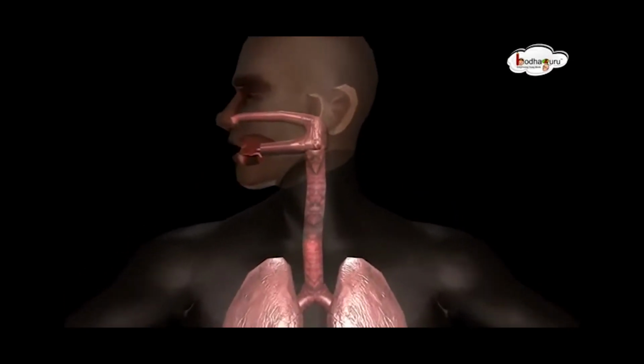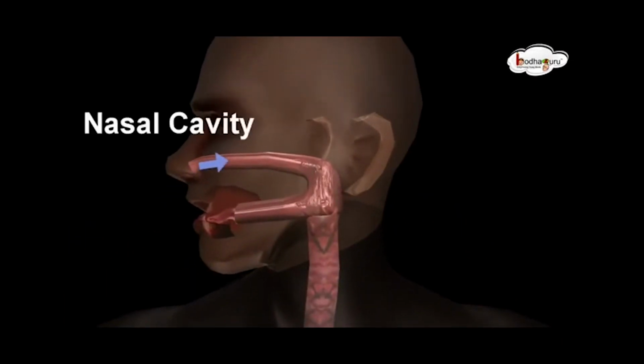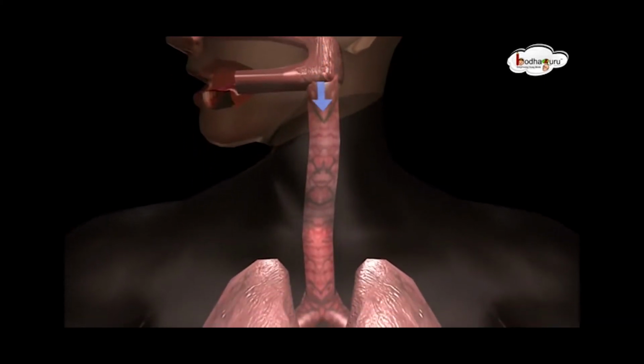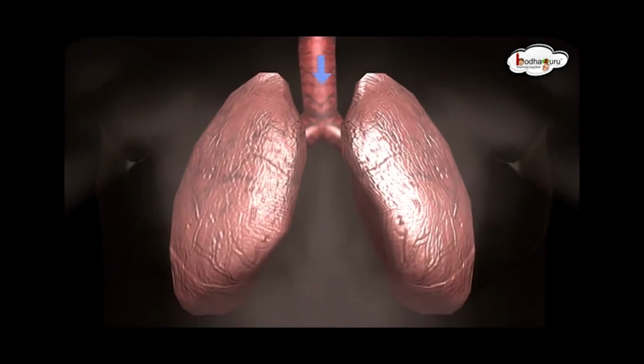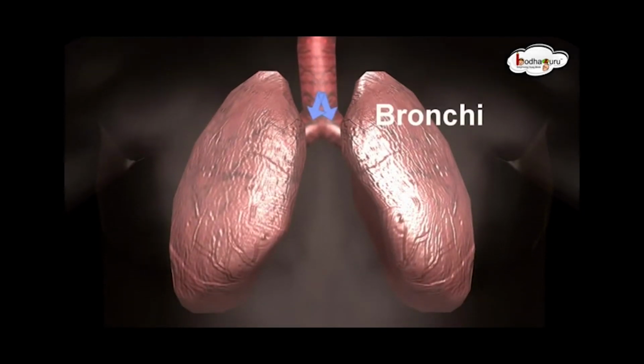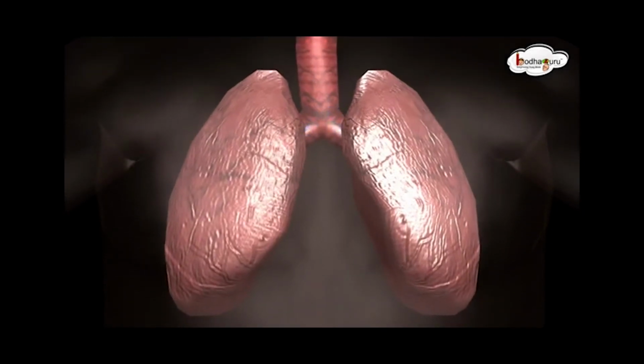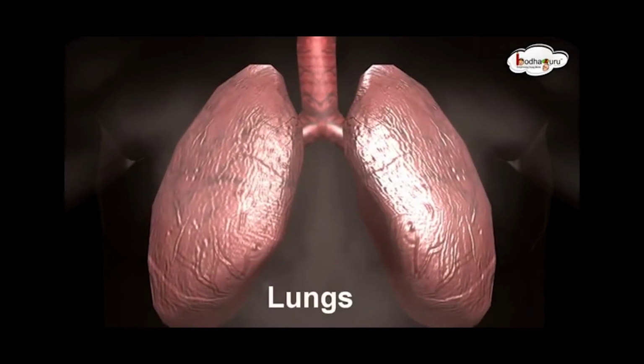When we take in air, it passes through our nostrils into the nasal cavity. From the nasal cavity, the air passes through the windpipe. The windpipe is also called trachea. The air then reaches two small tubes called bronchi, and then it reaches our lungs.